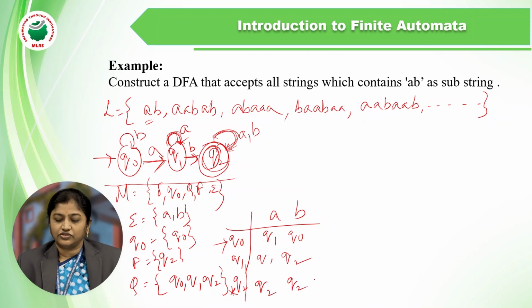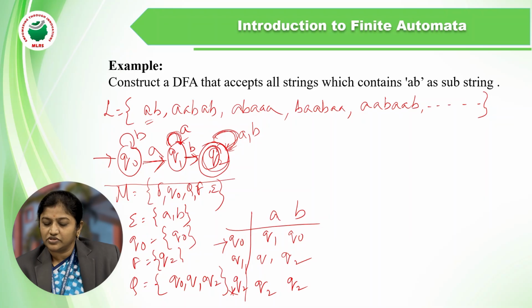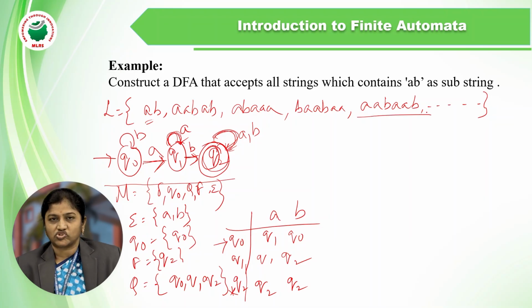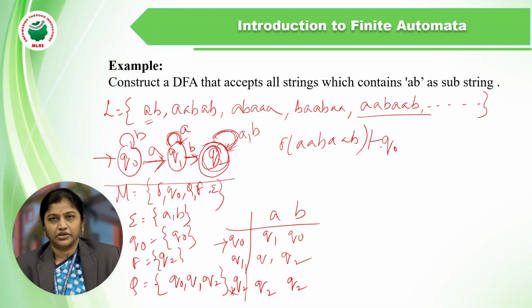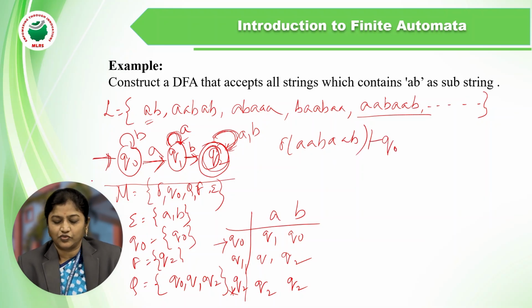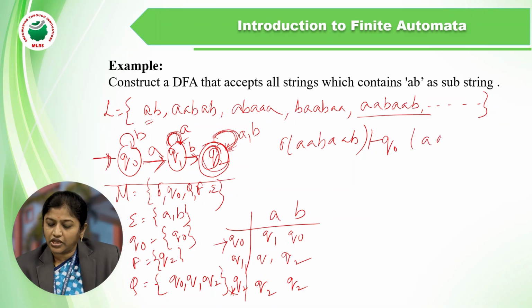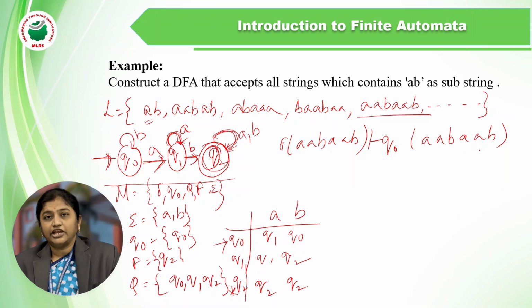Right? Again, we need to check for the acceptance of the string. You can take any string. Okay. A, B, B. We are going to check for the language acceptance. It starts with Q naught, right? Here the starting point is Q naught only. At the end, it should reach the final state.